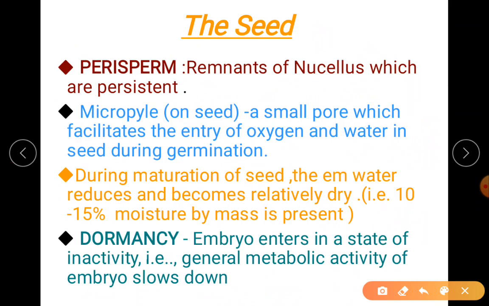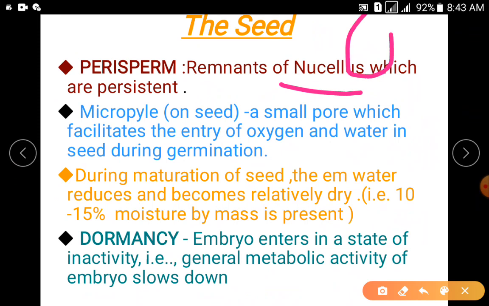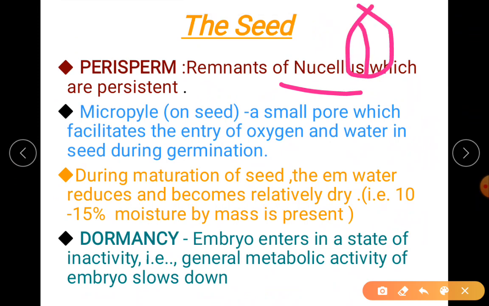Okay. There are even other terms which you should remember. You all know about nucellus. So imagine this is your green gram. Over that green coat, imagine, there are certain layers of nucellus. Now if it is persistent, not able to be removed during the maturation process, then that is your persistent nucellus, which is called perisperm.